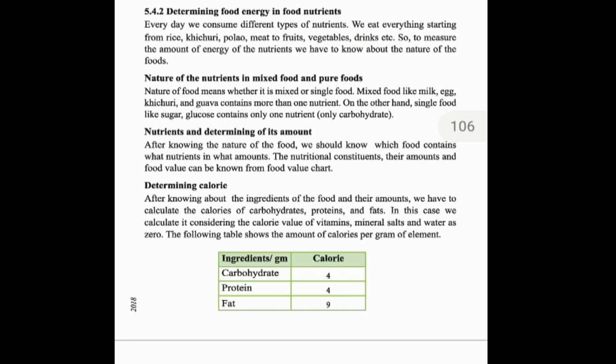In this case, we calculate it considering the calorie value of vitamins, minerals, salt and water as 0. The following table shows the amount of calorie per gram of element.